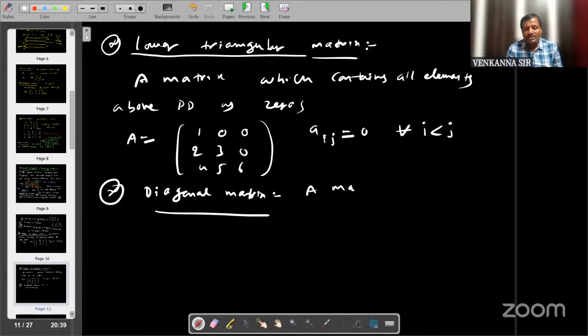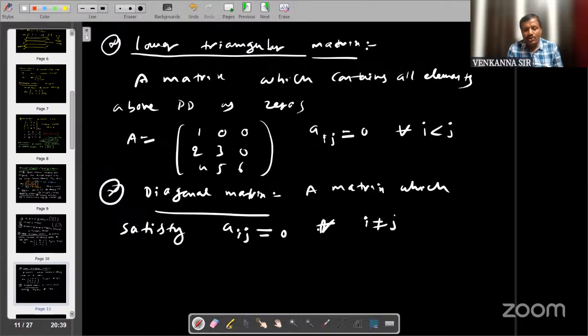A matrix which satisfies aij equal to 0 for all I not equal to j.